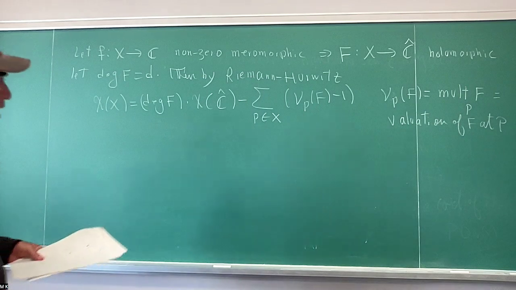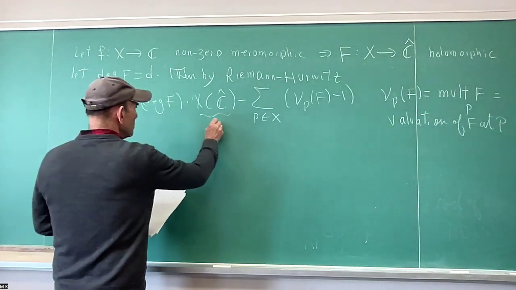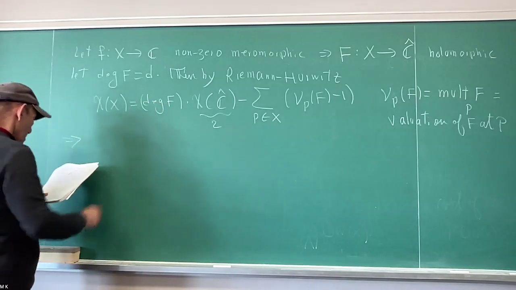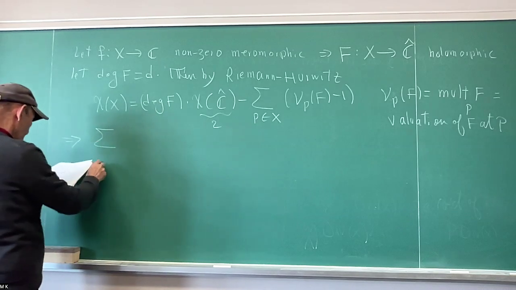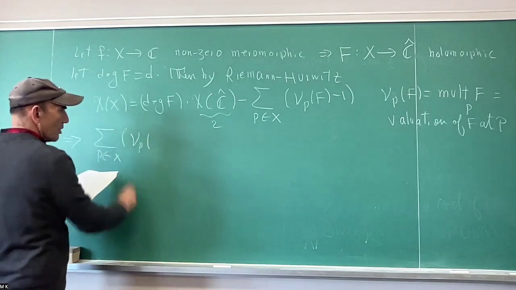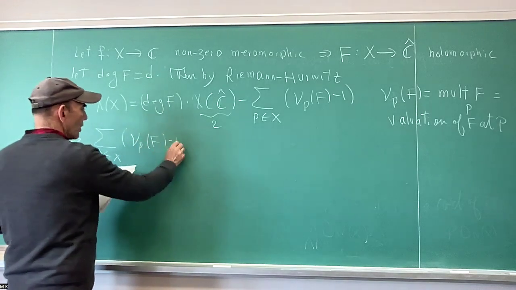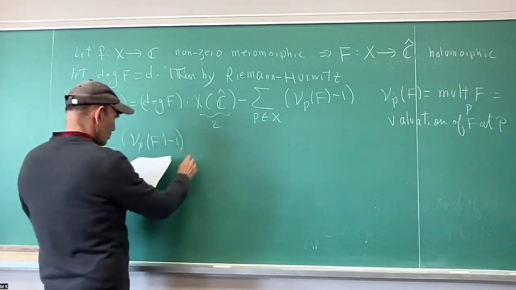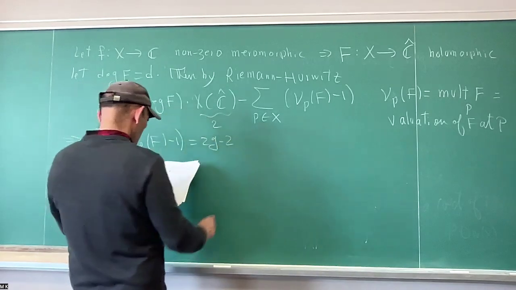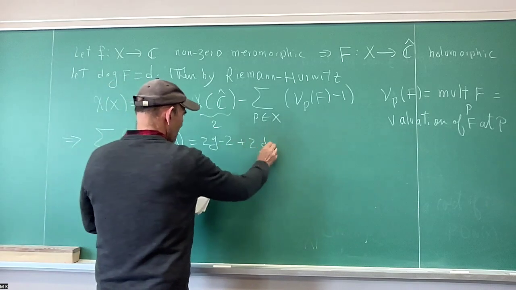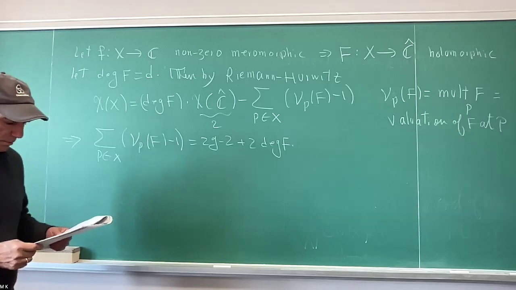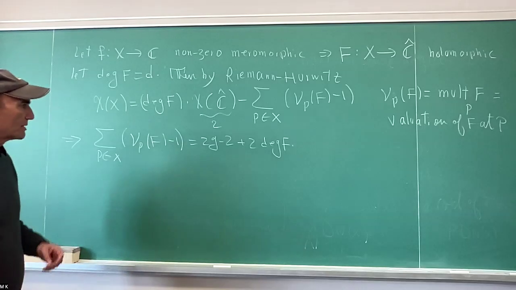Of course, the Euler characteristic of C hat is 2. From here, if you do simple algebra, you get that the sum over P belonging to X of the valuations of F at the different points minus 1 is equal to 2G minus 2 plus 2 times the degree of F. So what's the importance of this?